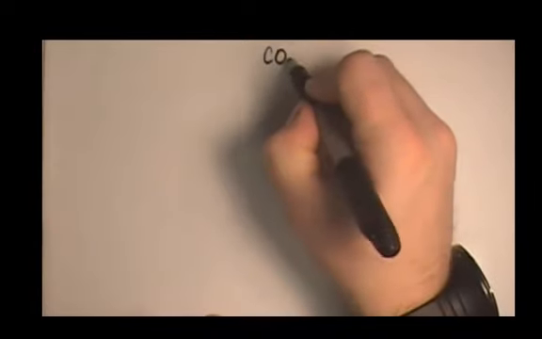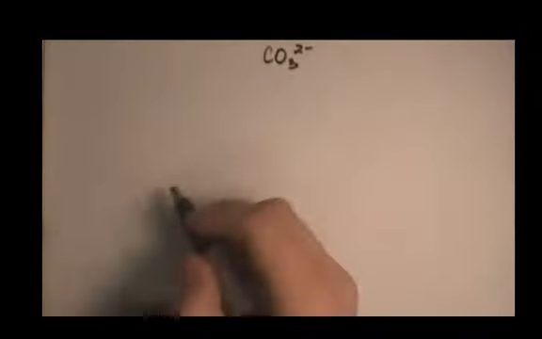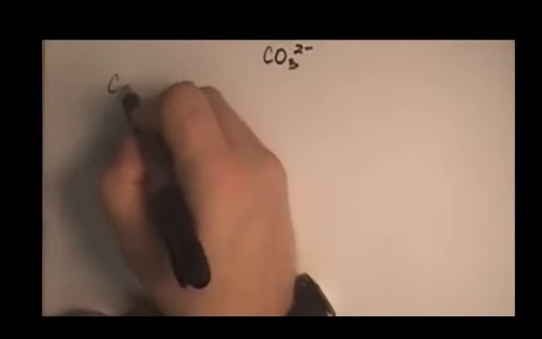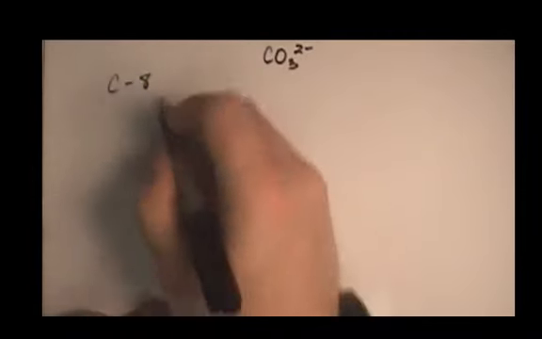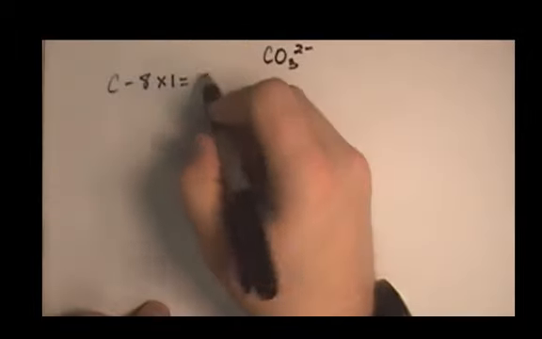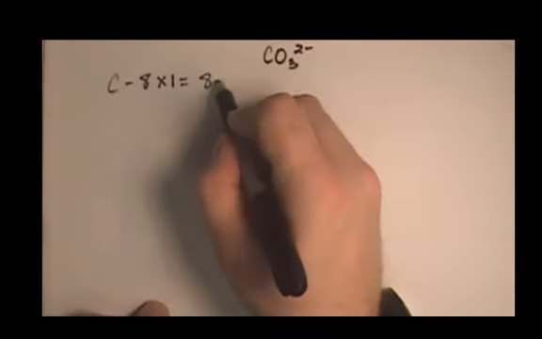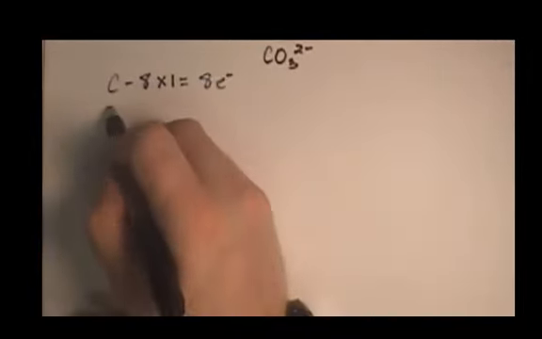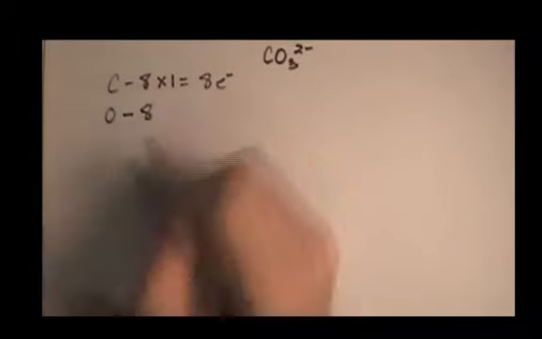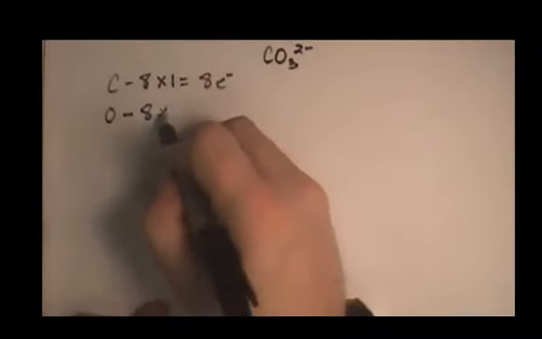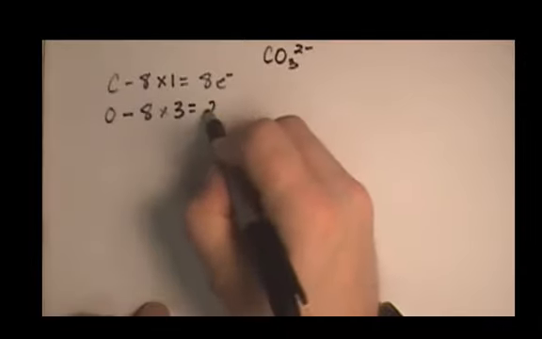Our last example is going to be the carbonate ion, CO3 with a 2- charge. Let's go through the process. We get carbon. As an octet, we'll have 8 valence electrons. There's 1 atom of it, so we would get 8 electrons. For the oxygen, it would also have 8 electrons as an octet. There are 3 of them.